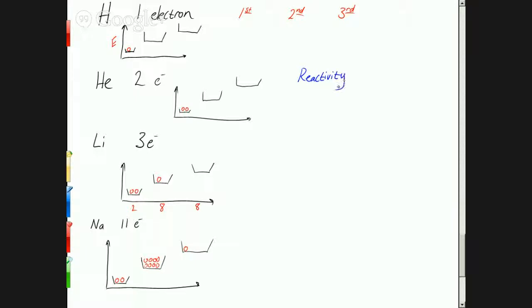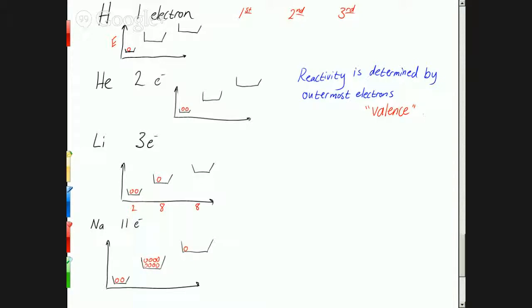So the reactivity, or how these things behave around other atoms, is determined by the outermost electrons. And we have a name for those. Those are called the valence electrons. The highest energy electrons that are furthest away from the nucleus, they control the chemistry of any given atom.